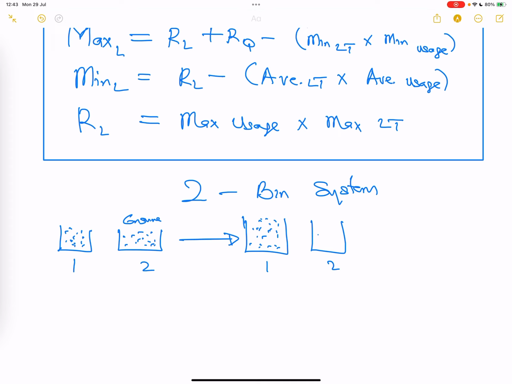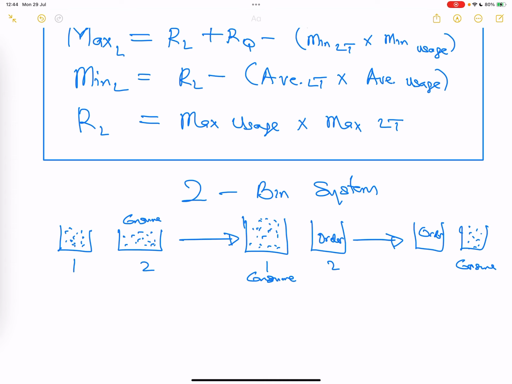Then you need to order. So immediately this is empty, you order, then you start consuming this one. Then it goes to this part again, empty, and this one is filled up. You consume this one again, then you order for this one. So that is the cycle you keep going, and that is what the 2bin system is all about. It's as simple as that.